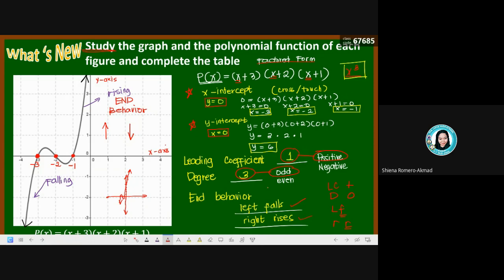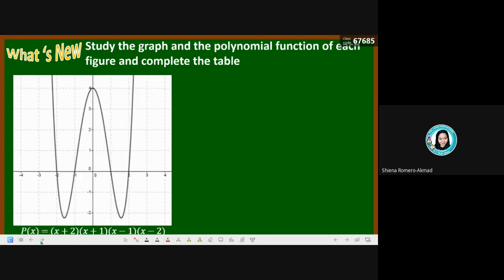So, let us have another example. So, ito. We have here, sulat ko sa taas, p of x equals x plus 2, x plus 1, x minus 1, and x minus 2. So as you can see, this is also a factored form. Naka-factored na siya.